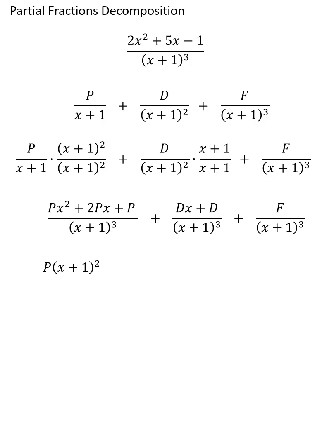In regard to the exponent, I can't distribute an exponent because exponents don't distribute, so the only way to handle the x plus 1 quantity squared is to use FOIL, which I've done here. After doing FOIL, I can then distribute the p, giving me this, and that explains the first numerator above.